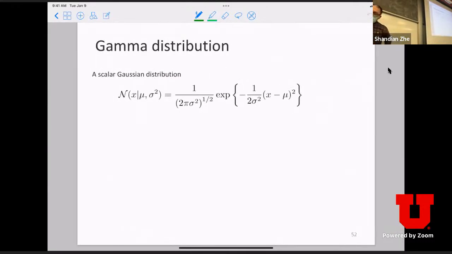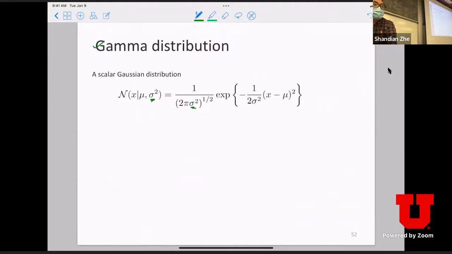The next distribution we're going to talk about is called the gamma distribution. If you look at the scalar Gaussian distribution, we know that it is parameterized by mu, but also by the variance.